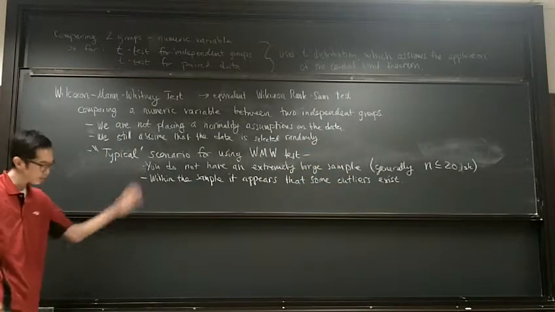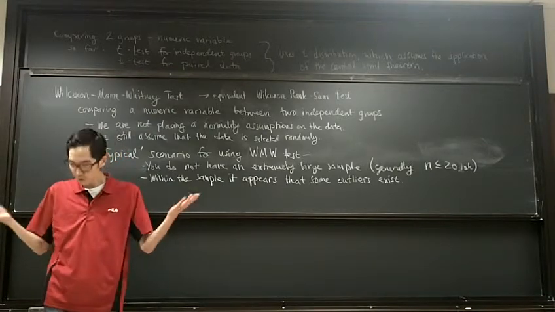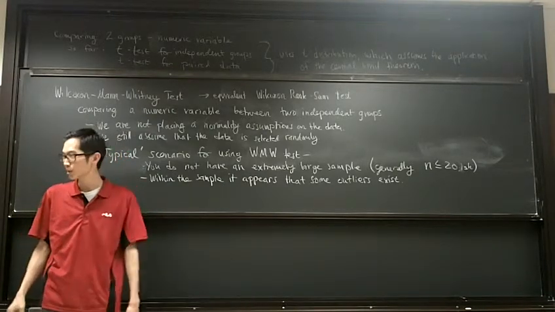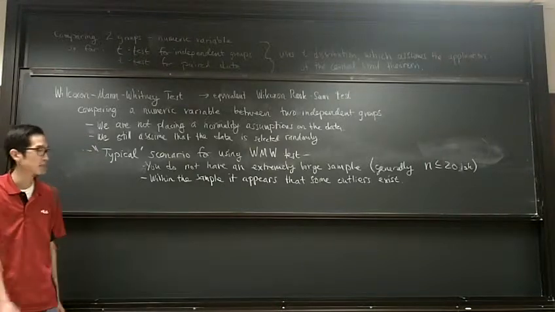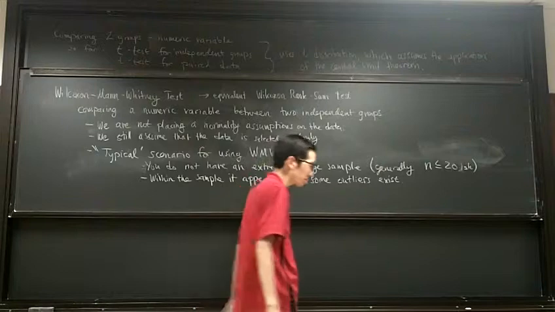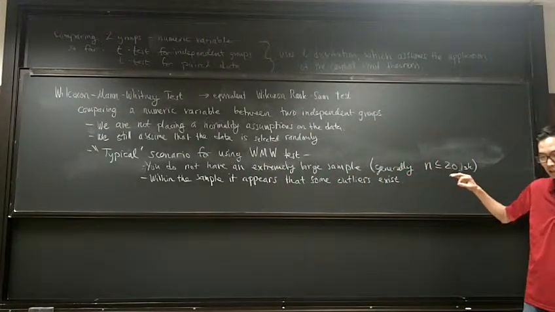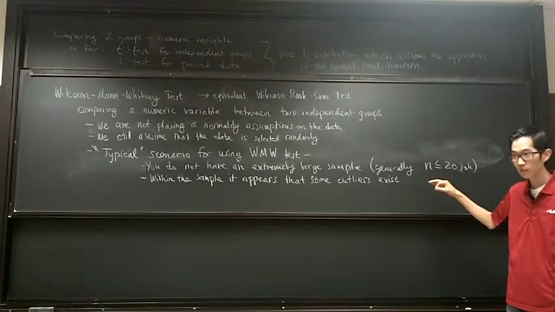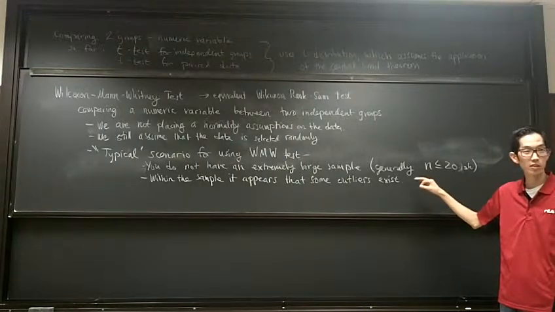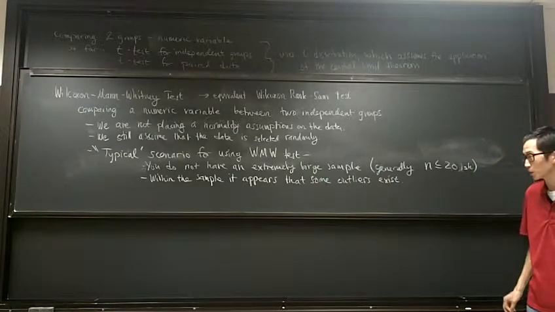If you take a small sample and there aren't very many outliers, maybe it seems like we can assume a little bit of normality. But if you're taking a small sample, 20 or less or something around there, and it already appears that you've got outliers, then that's a pretty good indicator that your data is not coming from a normal distribution.